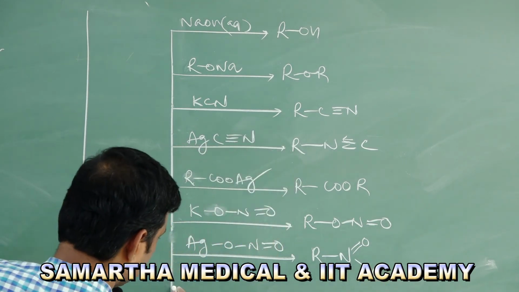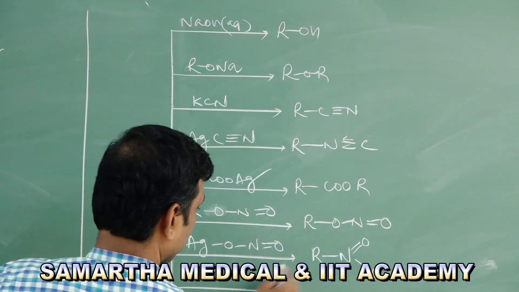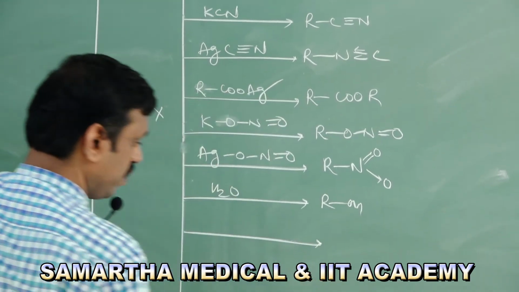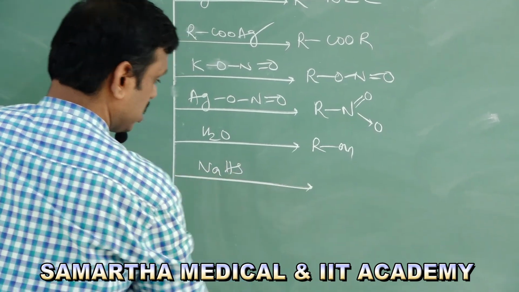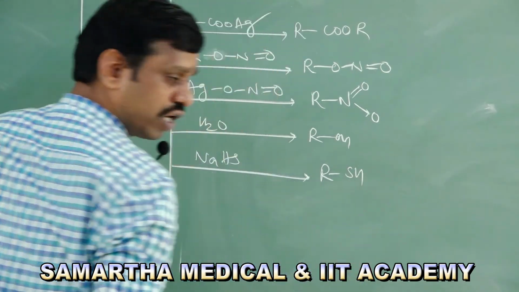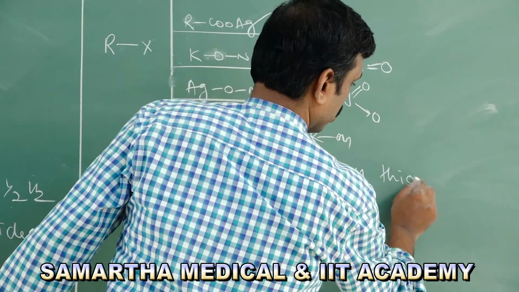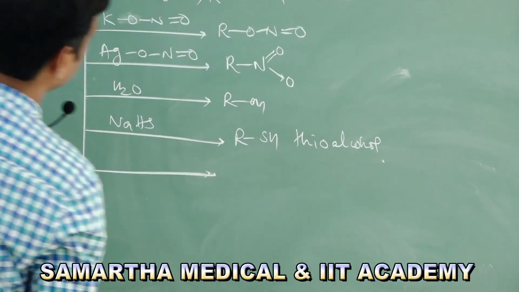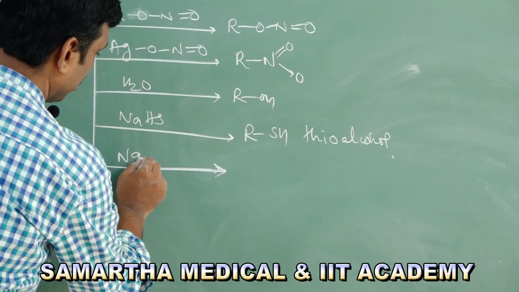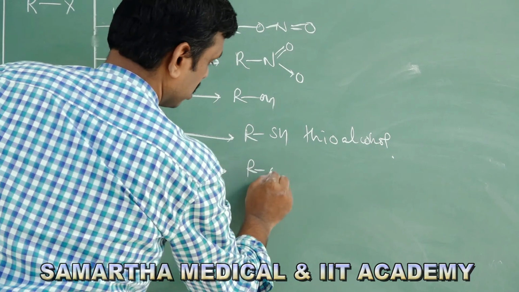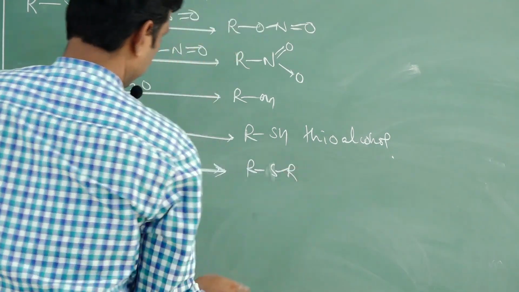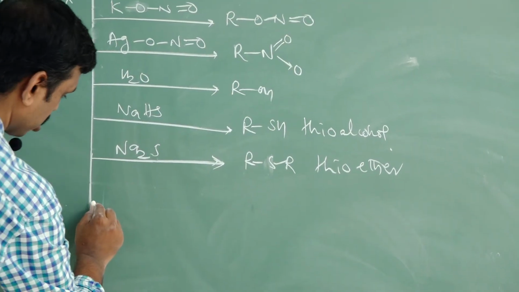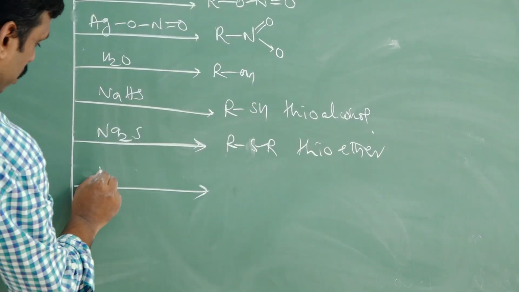Next, reaction with water. Come on, product is alcohol. Reaction with sodium hydrogen sulfide. Product is thioalcohol. Next, reaction with sodium sulfide Na2S. Product is ether, but which ether? Thioether. Thioethers are the product. Next, reaction with ammonia.